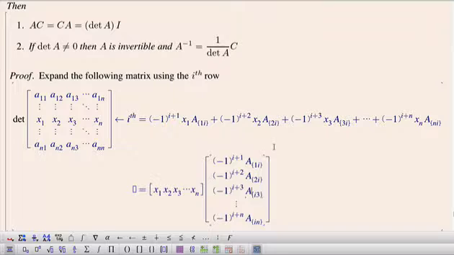But this is what it is. 1i, 2i, 3i, and then ni, like a column vector with also signs minus 1 to the i plus 1, minus 1 to the i plus 2, and so on, up to minus 1 to the i plus n. And then the row vector in front of this x1, x2, xn.